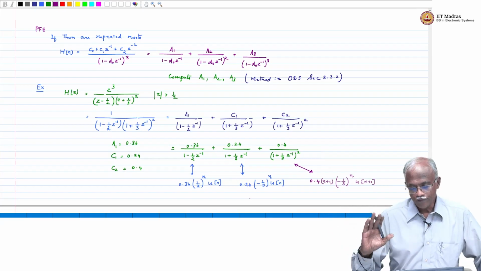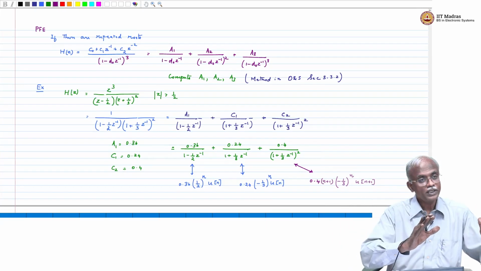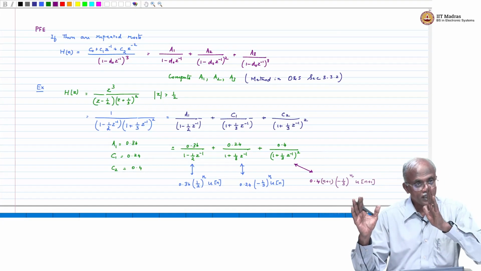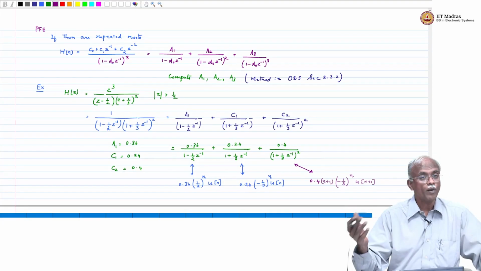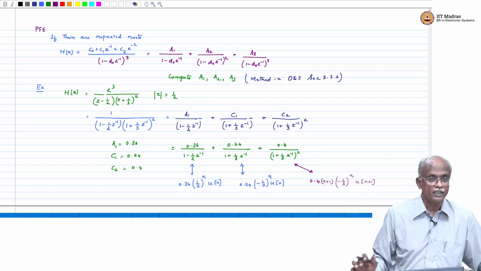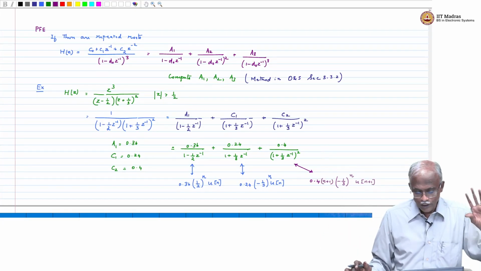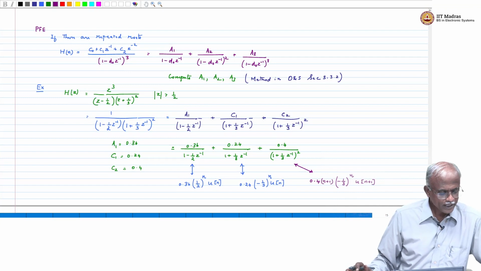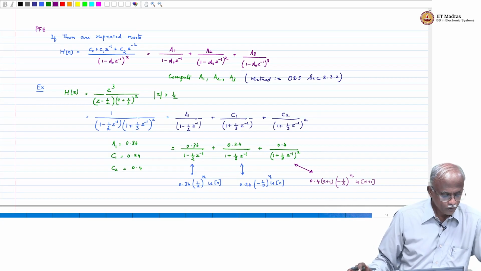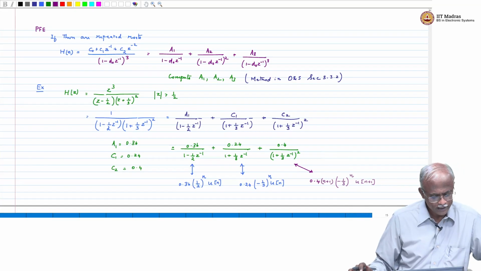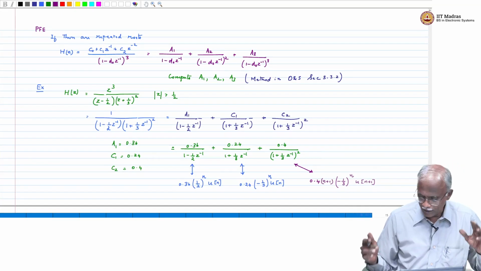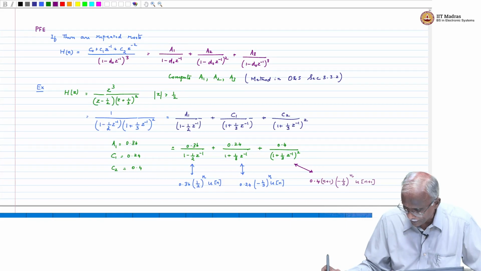Notice how we have used partial fraction expansion, the differentiation property and the time shift property all together to get the result that we are interested in. So in a nutshell, the partial fraction expansion is a very powerful tool that we can use to get the results of the inverse z transform in a way that we can handle.